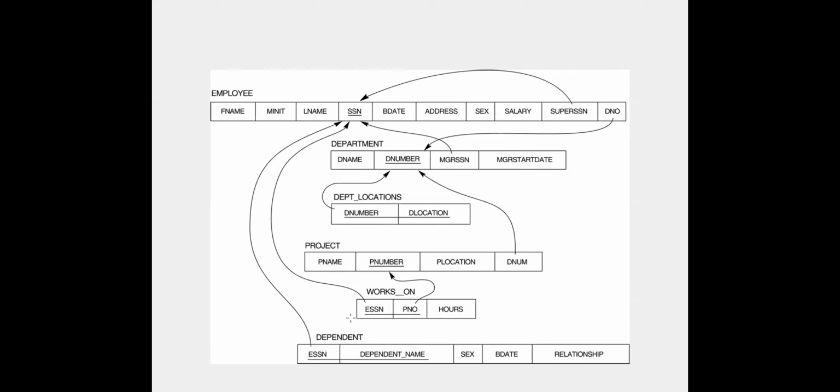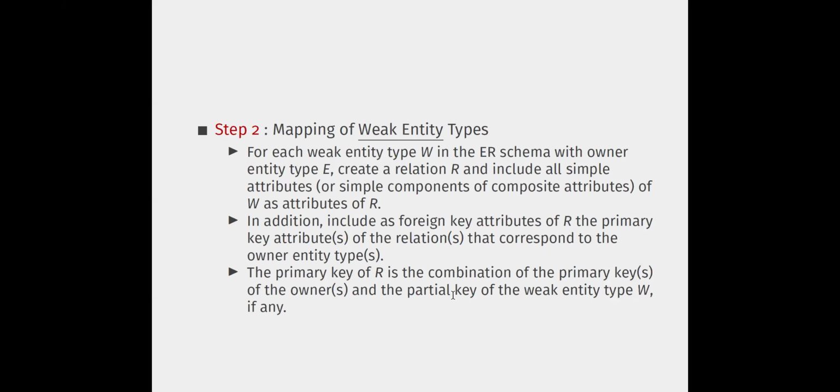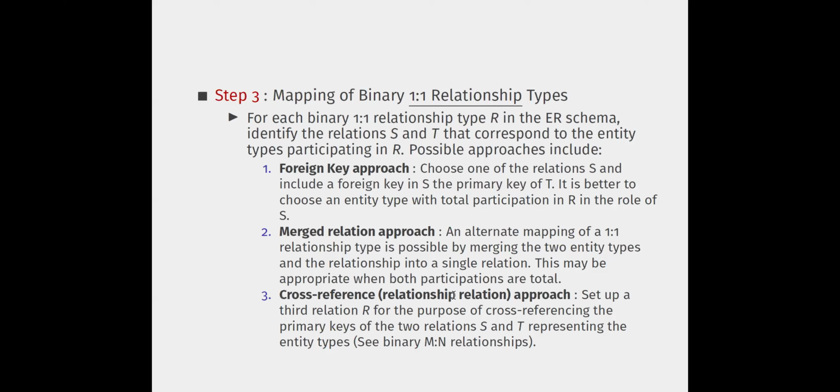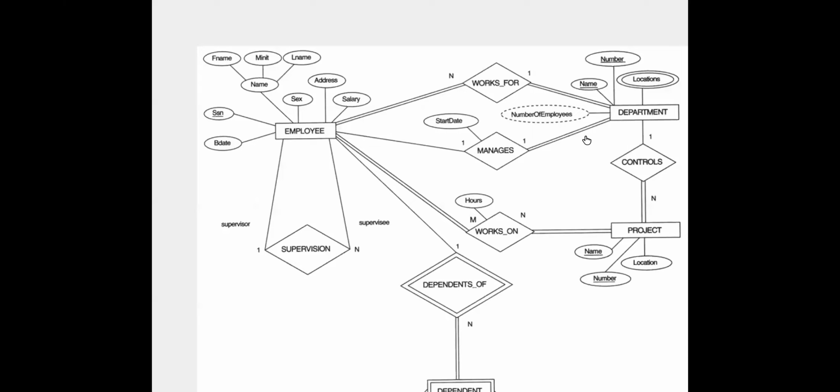So we discussed how you map regular entity types and weak entity types. Next, the point that I would like to highlight is how do you map one-to-one relations? So let's go here. What are the one-to-one relations? Okay, here are the one-to-one relations.